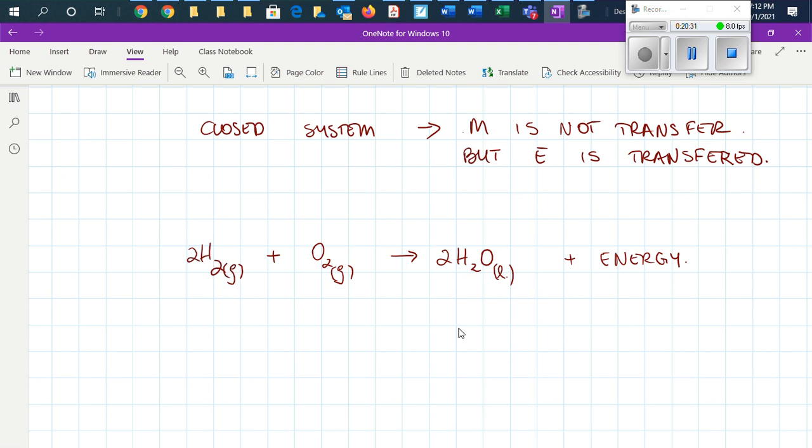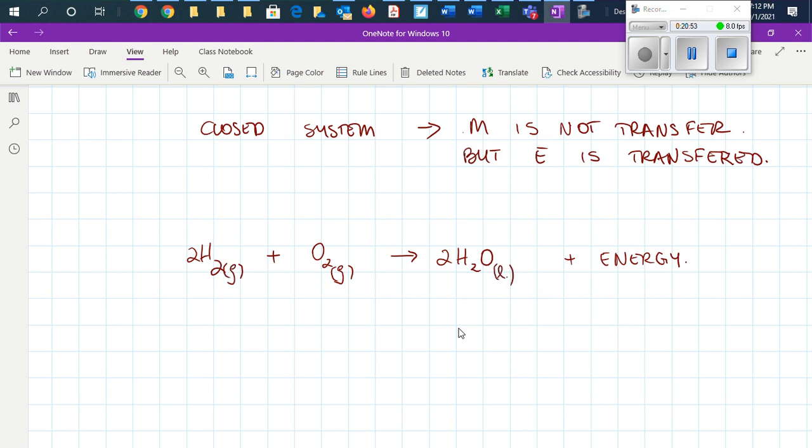In this case, we label the reacting mixture, hydrogen and oxygen, as the system, and the rest of the universe is the surrounding. Because energy cannot be created or destroyed, which is the first law of thermodynamics.